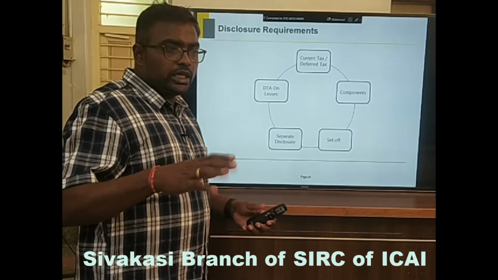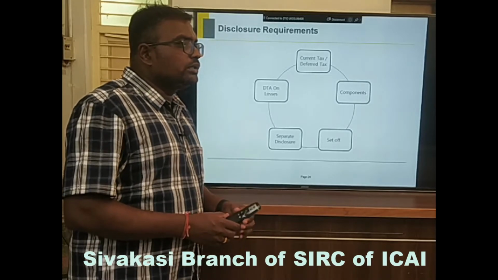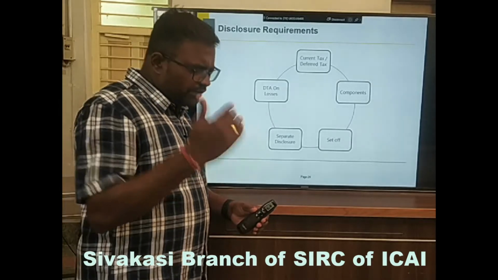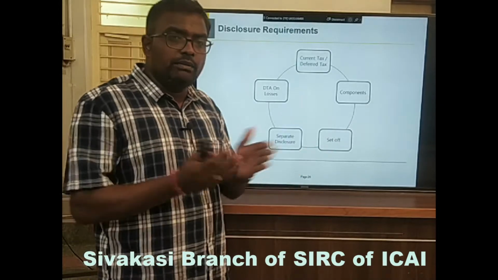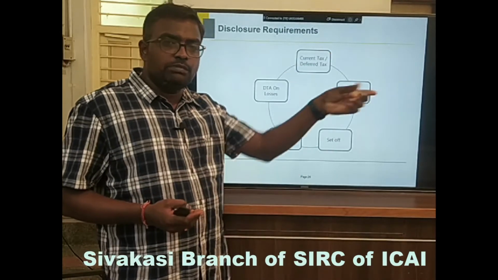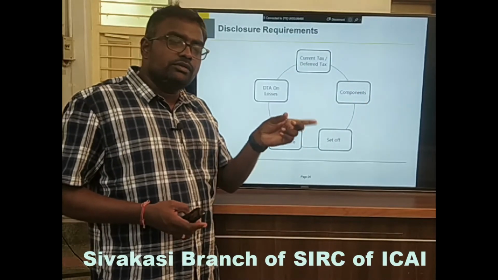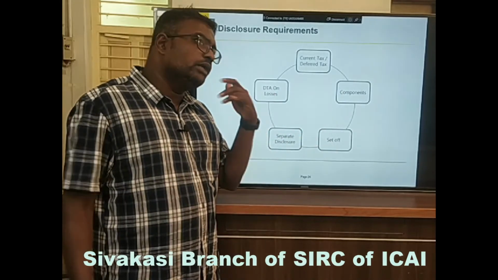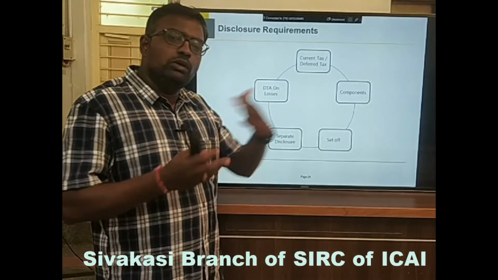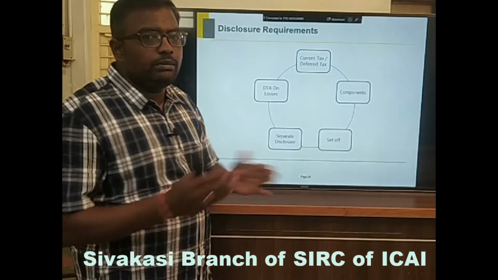So in case of the same company, different components can be clubbed and shown in the balance sheet as a net position, whereas in case of consolidated financial statements, if one company has a deferred tax asset and another has a deferred tax liability, both have to be shown separately. It cannot be netted off.